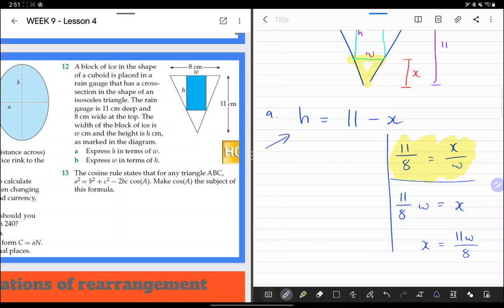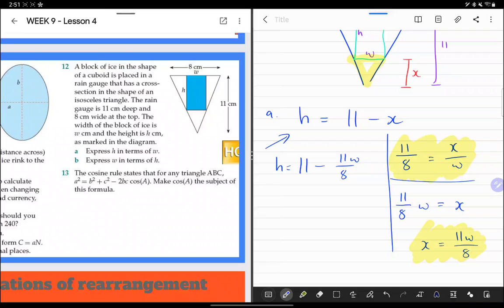Now we can come back to this bit here. Let's keep working. It's 11 minus, and then instead of X, this X we don't even know, we want to write it in terms of W, which this allows us to do. Let's highlight this because this is actually quite important for us. Which we will say 11W over 8. That's actually it.